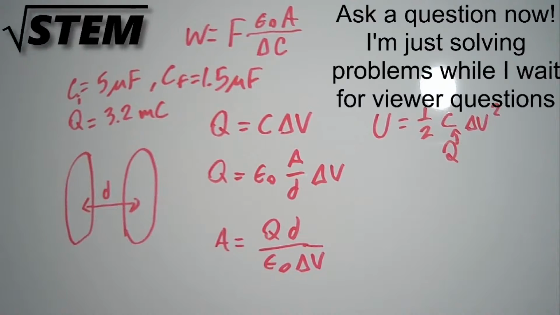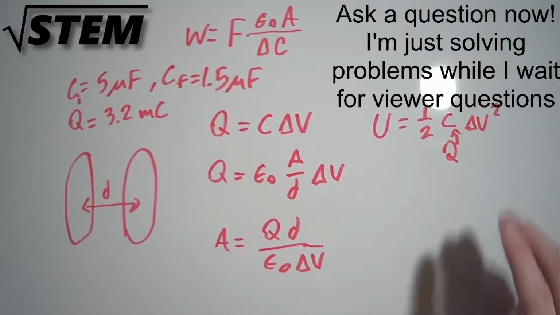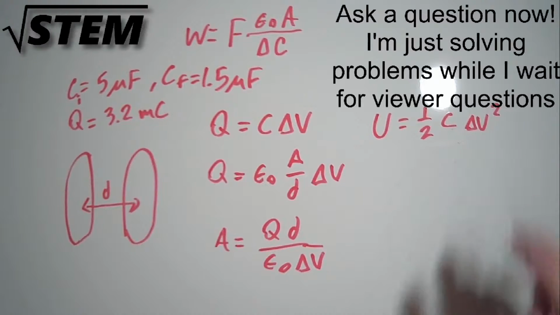Yeah, that makes a lot of sense. That would make it a lot easier. Capacitor energy: 1/2 QV. No, 1/2 CV squared. Okay. Yeah, that's probably where we're supposed to go.